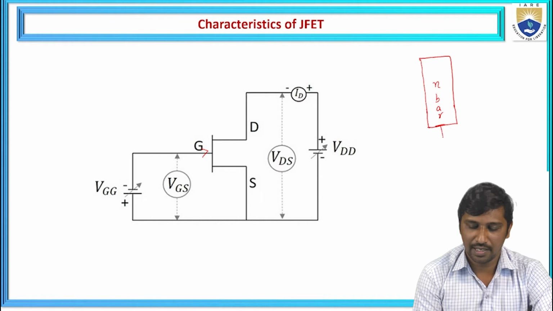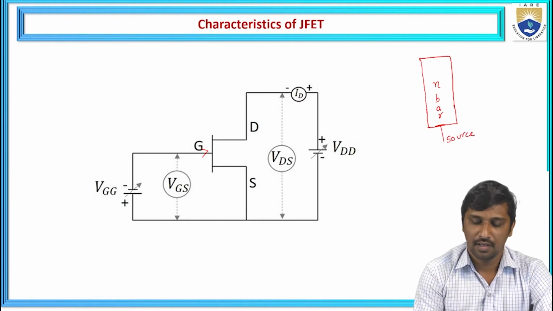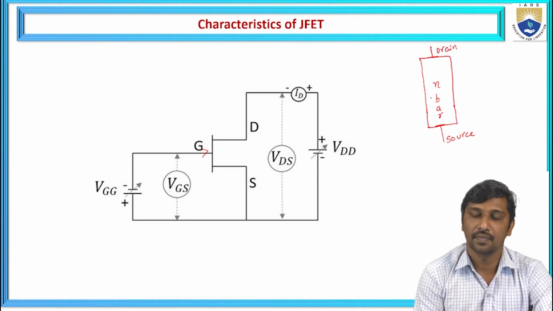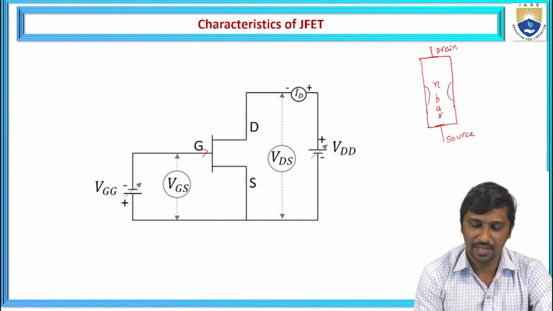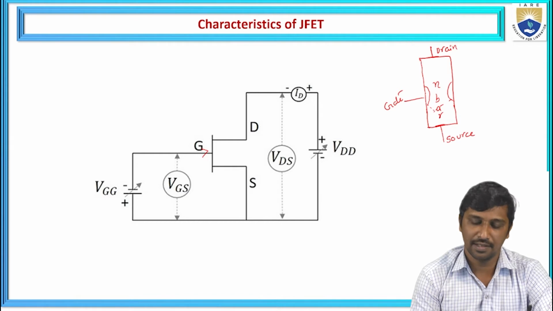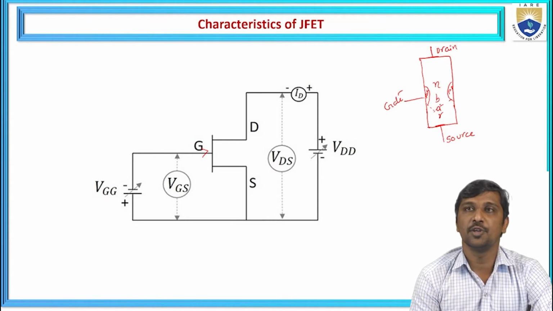On one side, the electrode is called the source. At the other end, the electrode is called the drain. On the opposite two sides, it is heavily doped, and internally these two are shorted, and that electrode is called the gate. For an N-channel semiconductor, the gate is doped with a heavily doped P-type material.